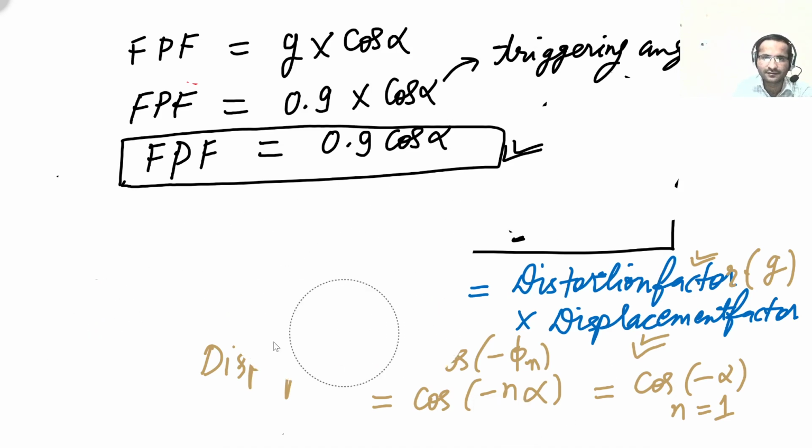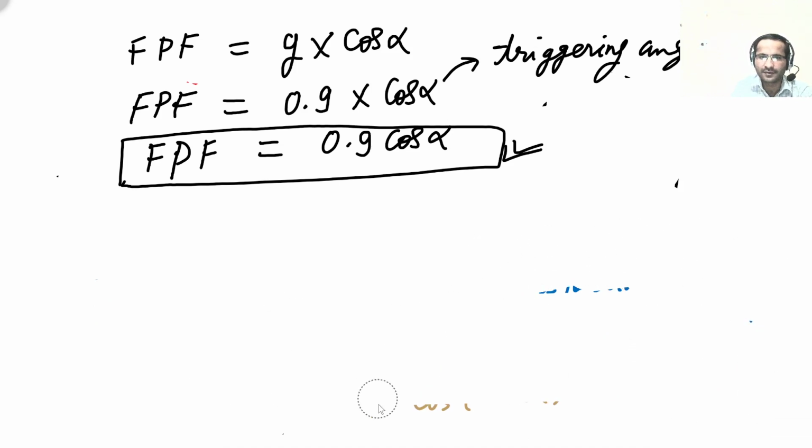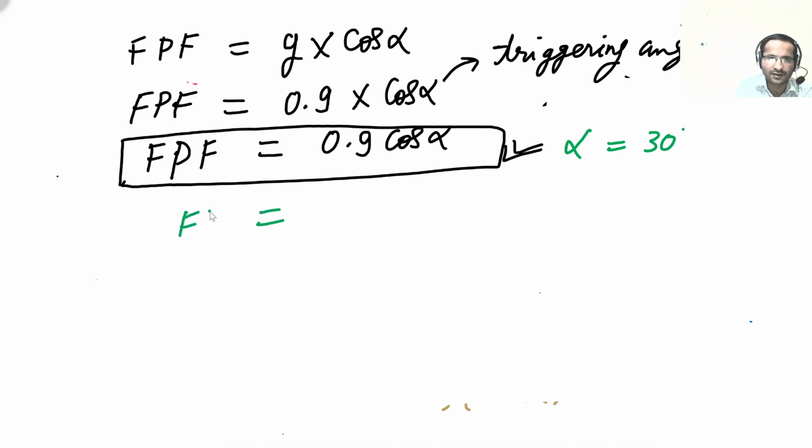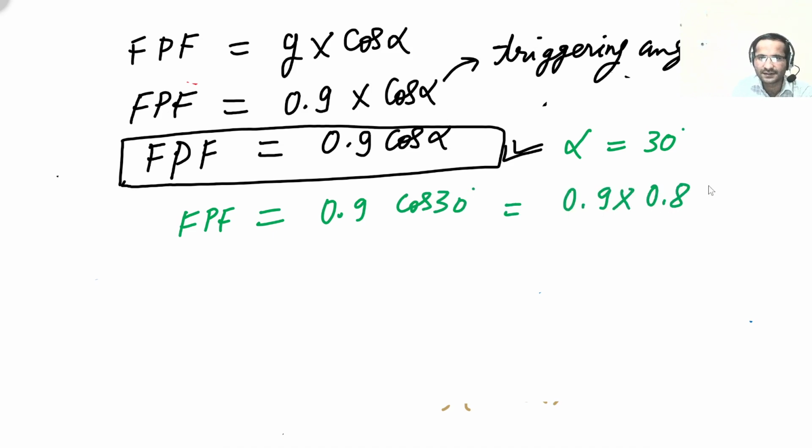Suppose the alpha value we have taken is 30 degrees. So the fundamental power factor is 0.9 into cos 30, which is 0.9 into 0.866. 0.9 multiplied by 0.866 will be about 0.79. So this is the power factor of the source current.